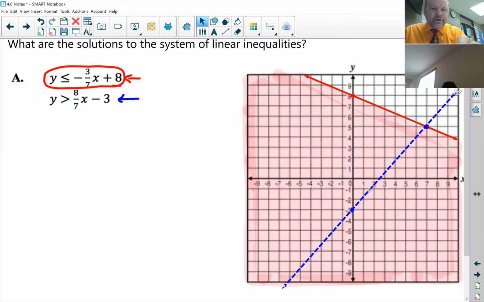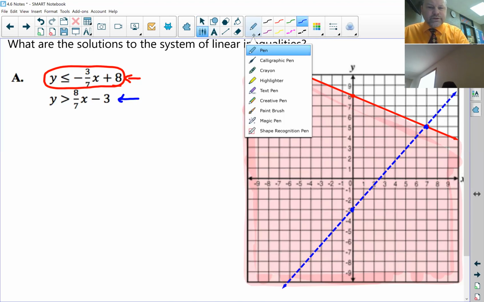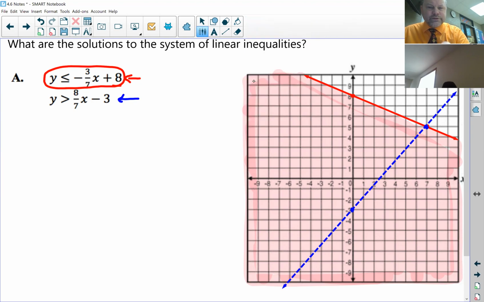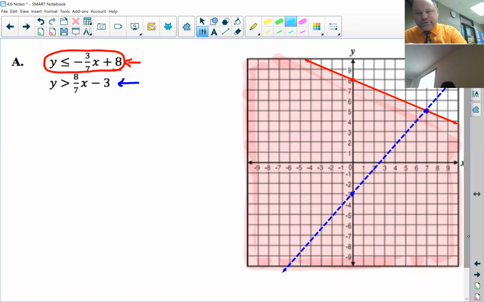And am I going to shade above or below? Yeah, I'm going to shade above, so above the blue line.